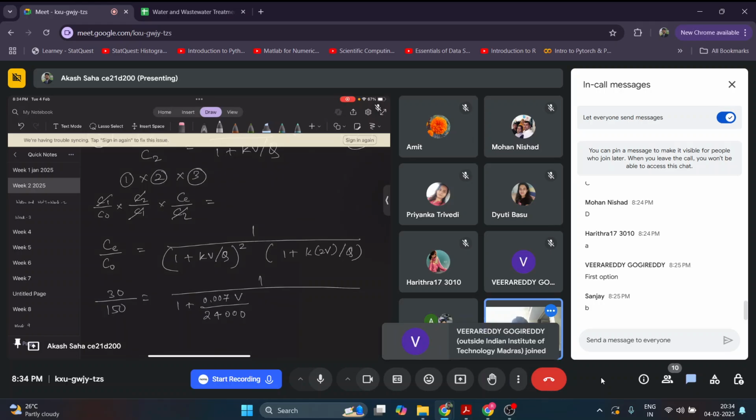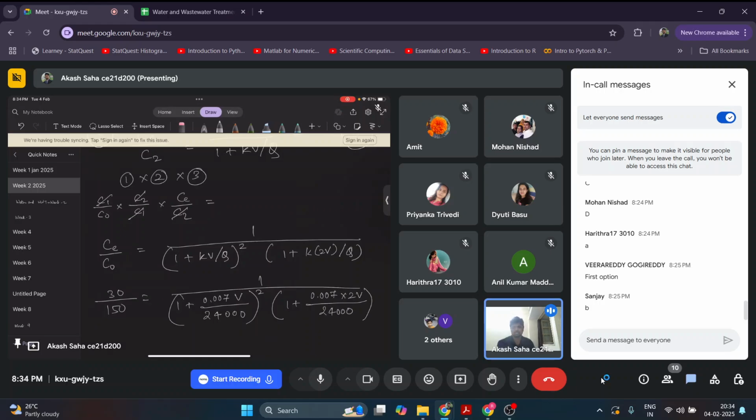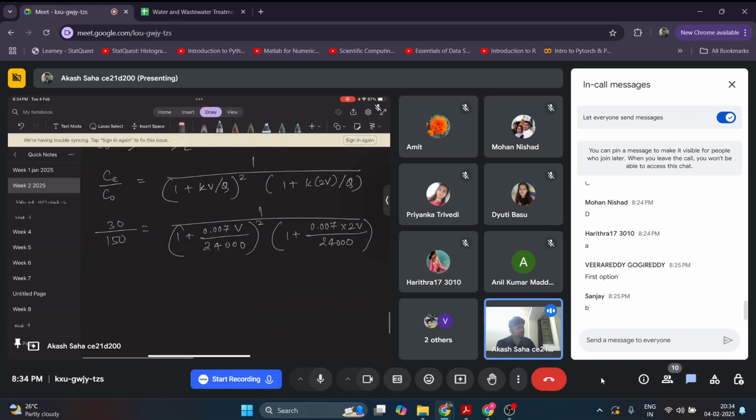So the square of 1 plus 0.007 into V divided by 24000, times 1 plus 0.007 into 2V divided by 24000, right? So this is the basic formula. From here we can calculate V.